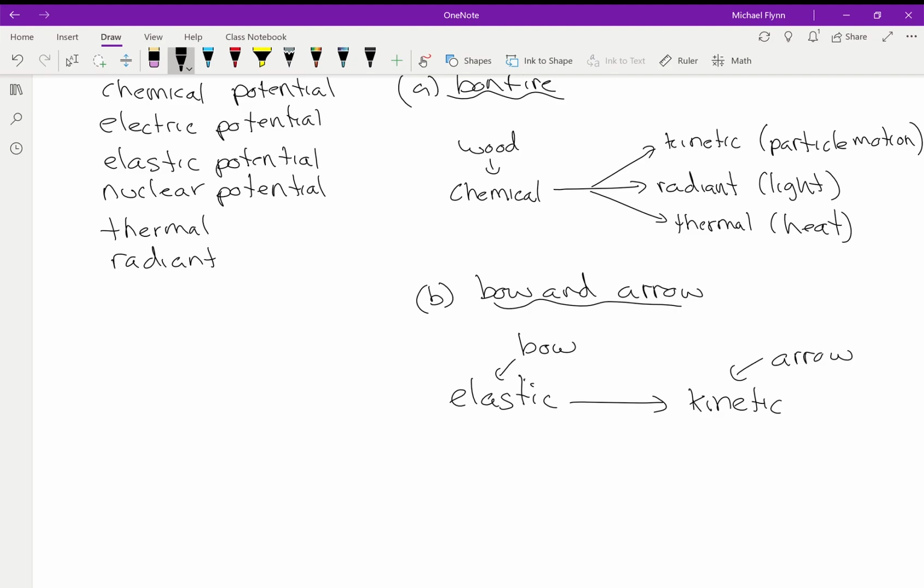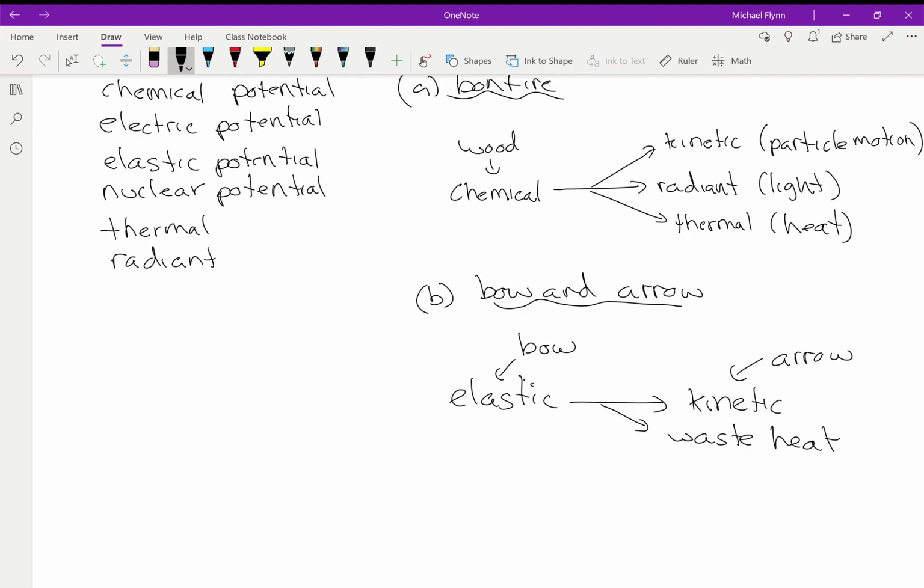Now, one thing that the book will mention to you is every time something like this happens, there's also some waste. And it's always in the form of thermal energy, so we call it waste heat. And it's a rule, you always get that. In other words, when you have a machine that converts one type of energy into another, like a bow and arrow, you always get some waste, okay?